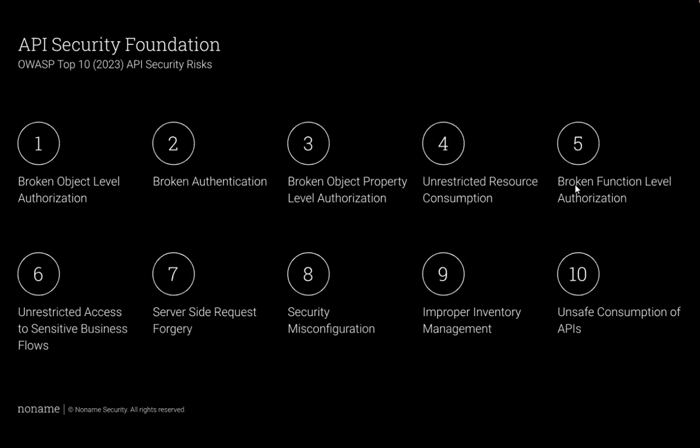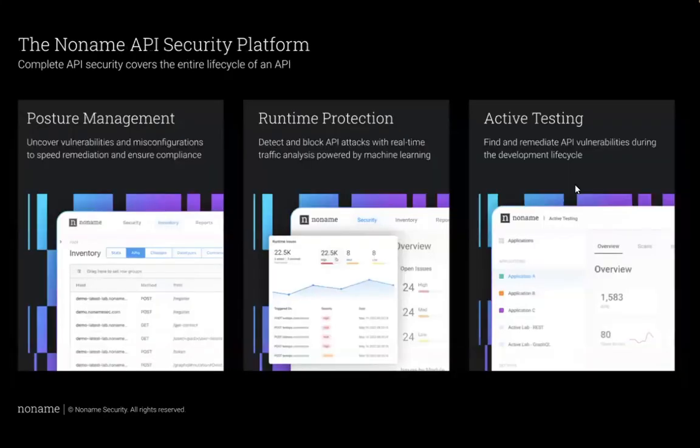Noname has a portfolio of products that starts out with posture management, so such vulnerabilities can be discovered in the infrastructure that's being deployed in the cloud and on-premise and reconfigured prior to the vulnerability being exploited. Runtime protection is where we leverage machine learning to compare a baseline of what expected normal API traffic looks like compared to what's happening on the wire right now.